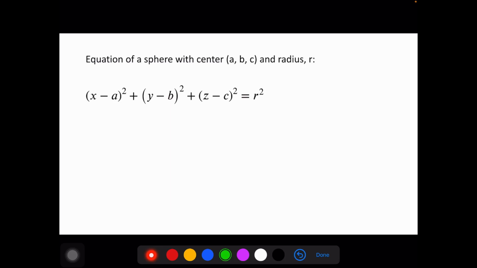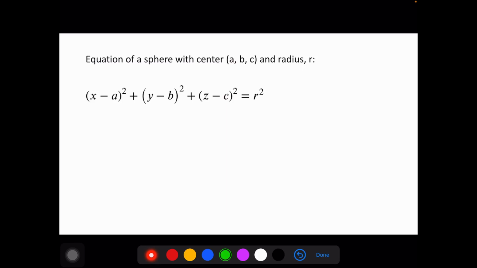All right, the other type of equation I want to show you right now, and we will talk about more equations of surfaces, but I want to focus on just some simple equations in this video, and we'll expand on these ideas later on. So on the screen I have the equation of a sphere with a center at a, b, c, and a radius of r.